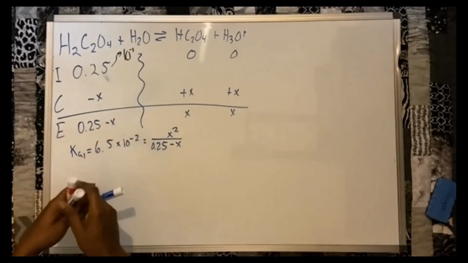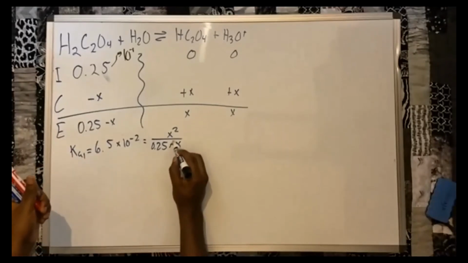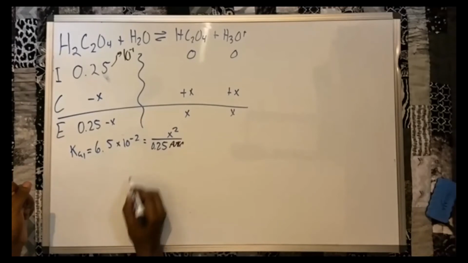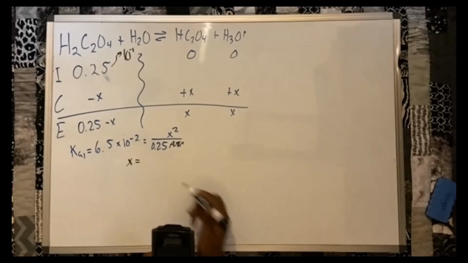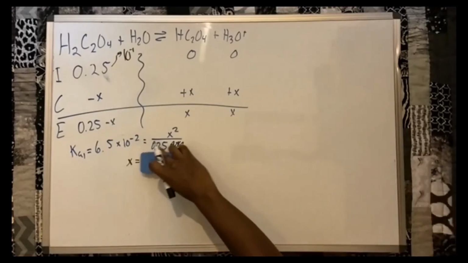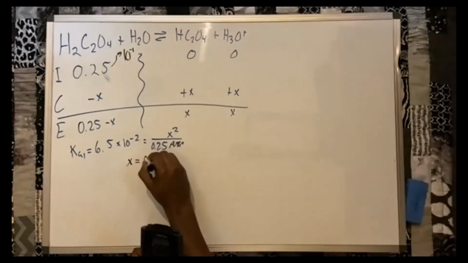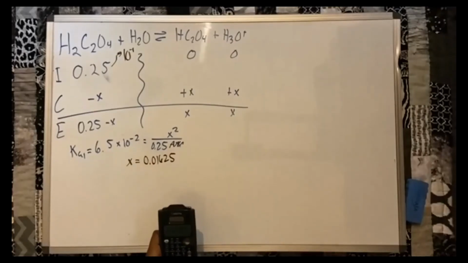Okay, assume x is small, so we get rid of the x in the denominator's subtraction and solve. So x is what? 0.01625, is that what you got? Oh, square root.